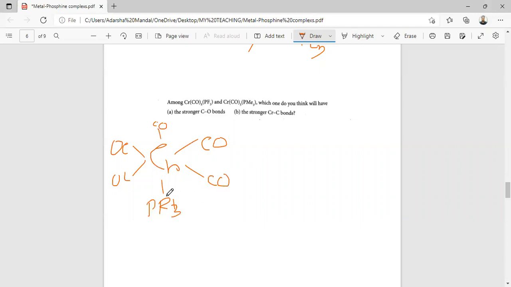When R equals one case is PPh3 and one case is PMe3.